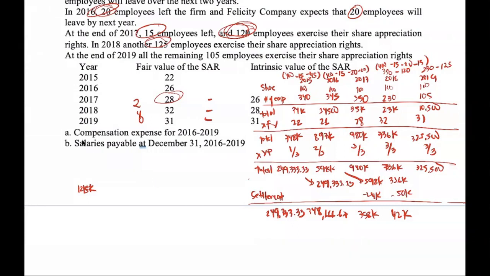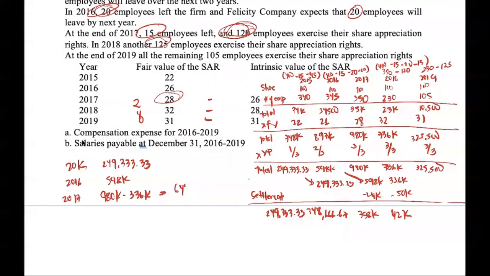We first compute our salaries payable at the end of each year. So 2015, magkano na yun? 249,333.33. 2016, we have 598,000. In 2017, we have 980,000 less 336,000, which has been settled. 644,000.